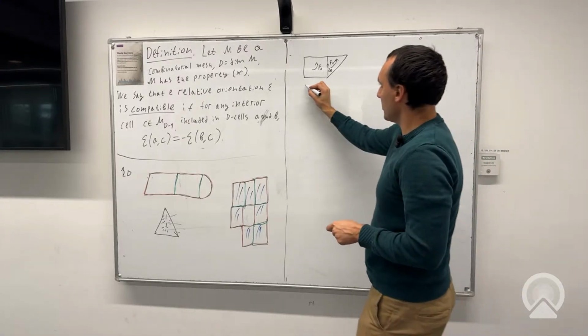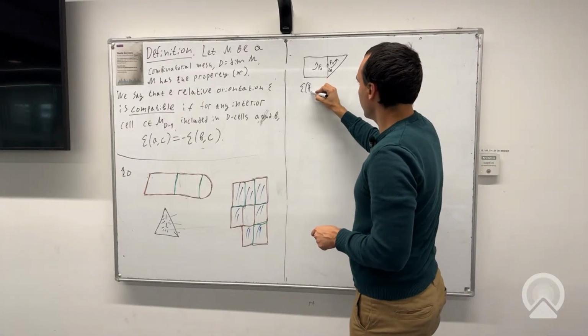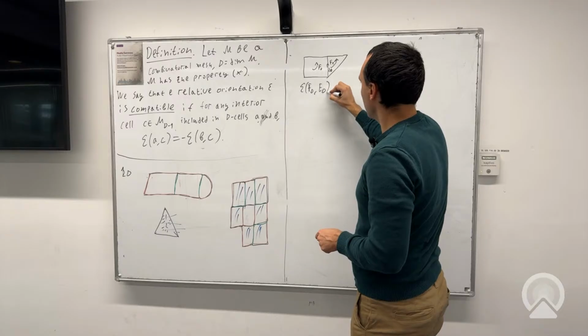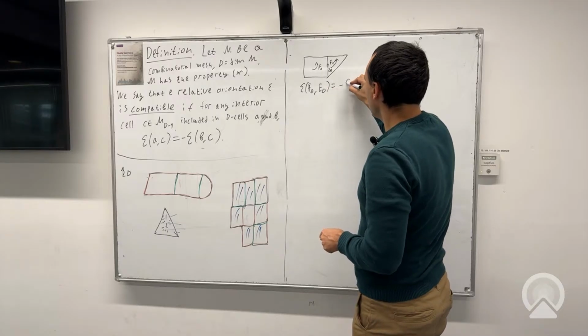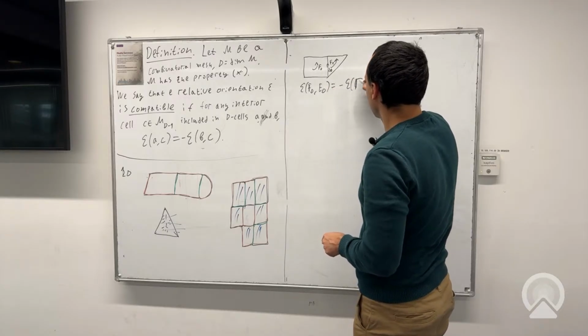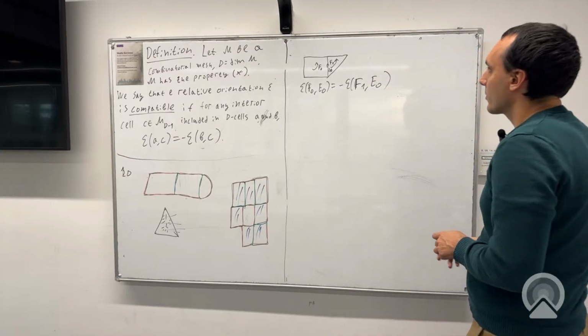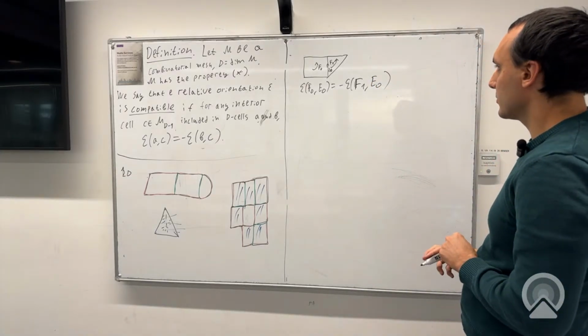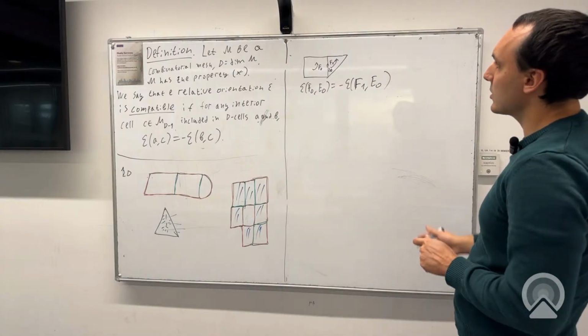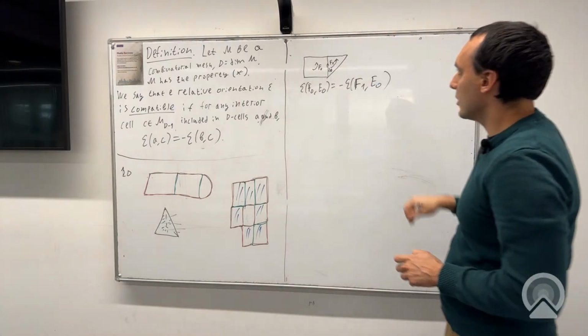And I require that epsilon F0 of E0 is minus epsilon F1 of E0. This is what is required, and so on if you have more cells on the interior.